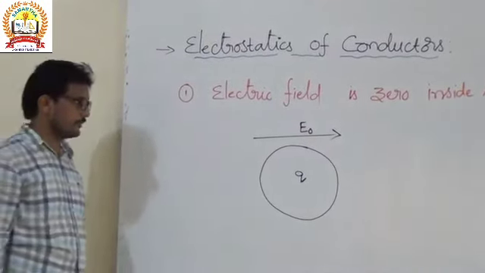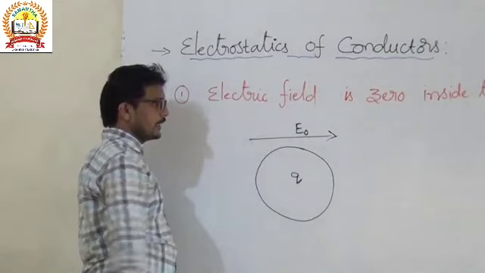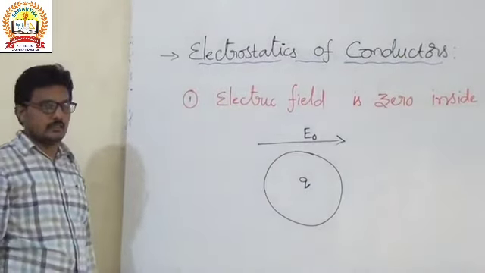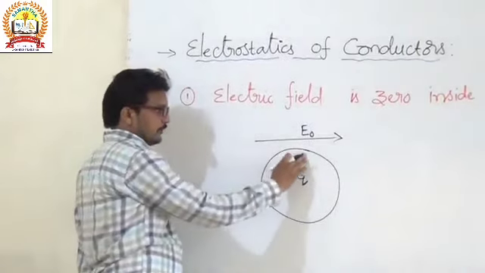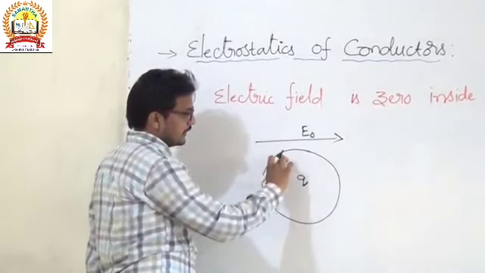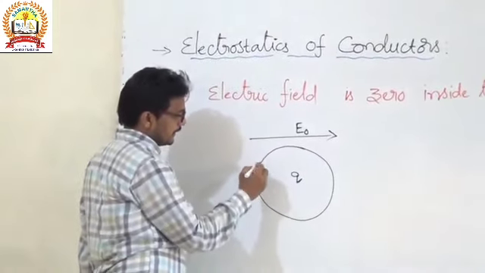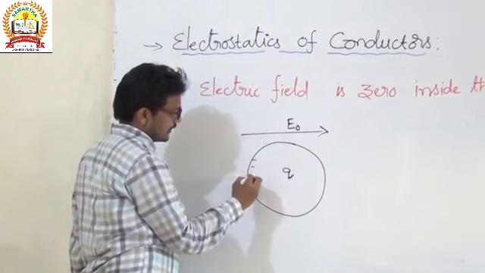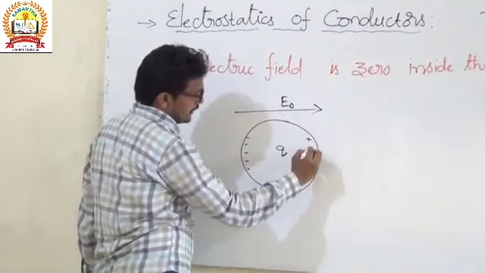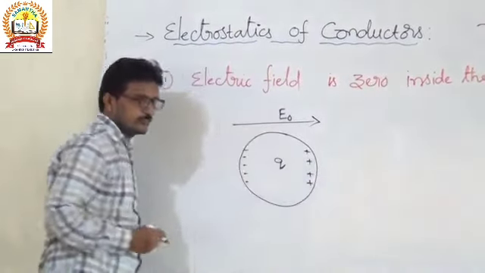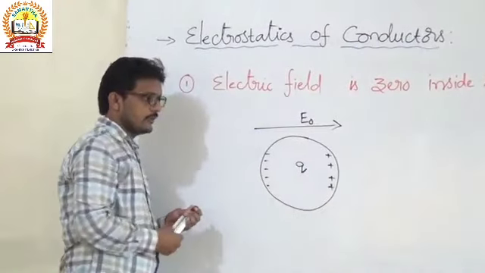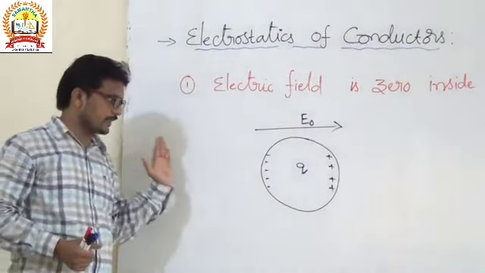When the original electric field is applied to the conductor, because of the induction process, the negative charge moves towards this side and the positive charge will be on the other side of the conductor, the negative charge on the left side and positive charge opposite.